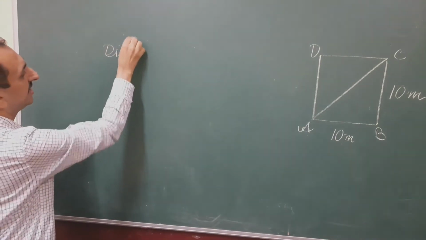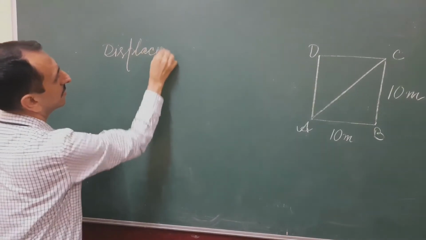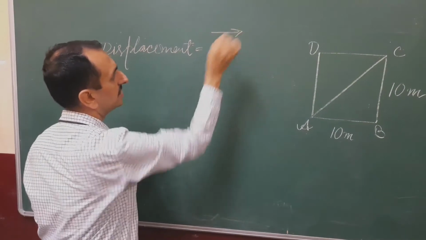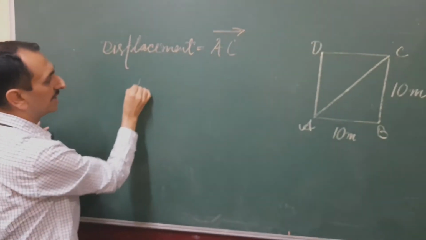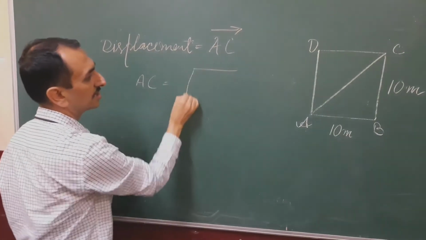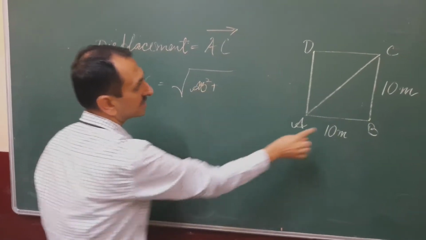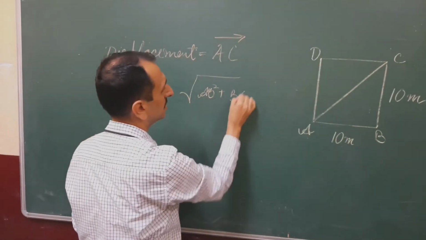It can be calculated as follows. It is a vector quantity. When it's AC, it can be calculated by using the Pythagorean theorem. AC is equal to the square root of AB square plus BC square.